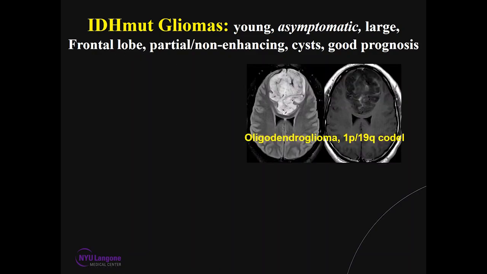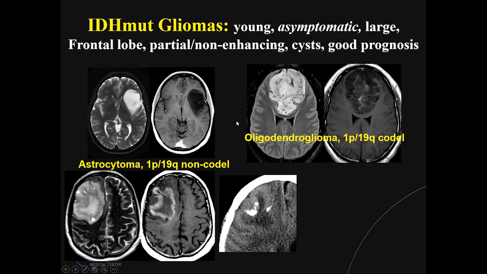I've shown you this oligodendroglioma, astrocytoma, the T2-FLAIR mismatch sign. Not all the tumors which have calcification are going to be oligodendrogliomas. We have seen quite a few astrocytomas. So the important thing is that you need to have the 1p19q co-deletion status known to really classify IDH mutated gliomas into either oligodendroglioma or astrocytoma categories.